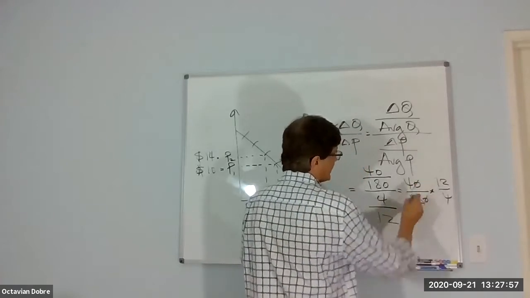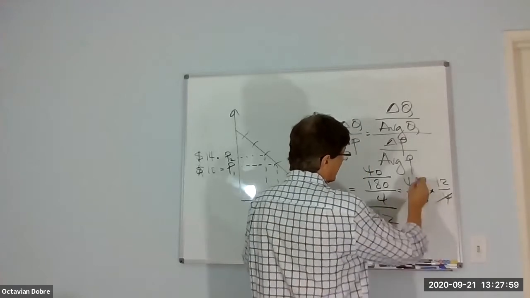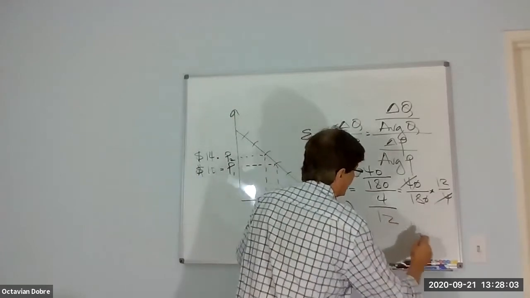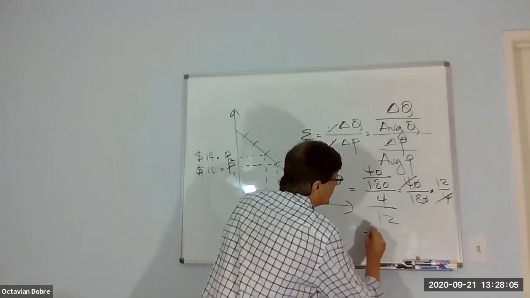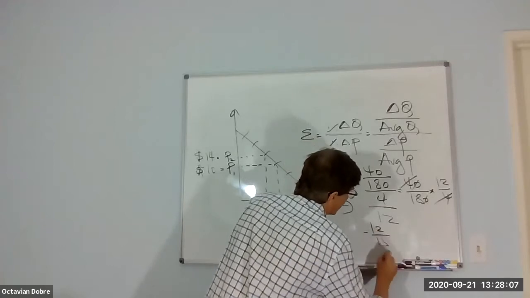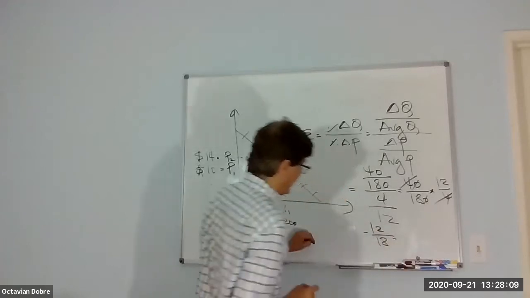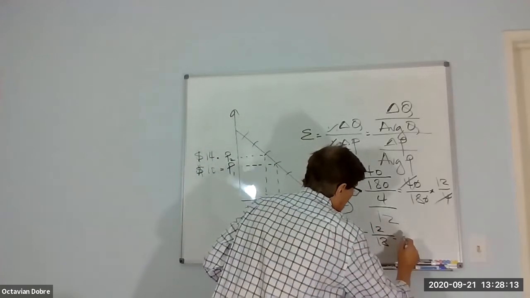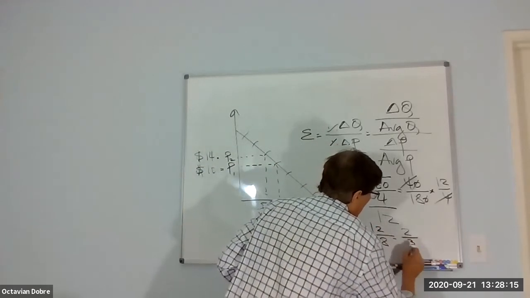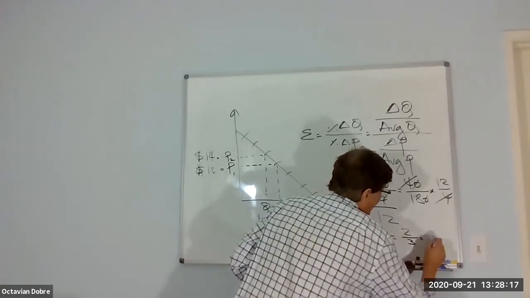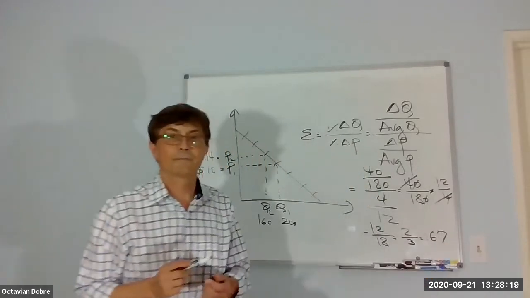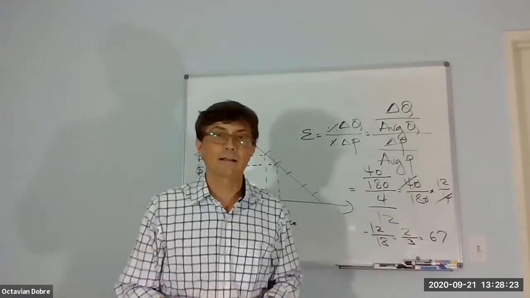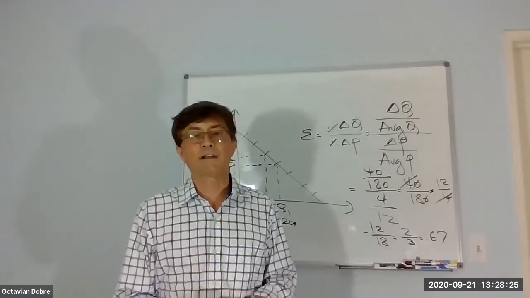So the zero with zero go away, 4 and 4 go away. It's 12, so it's equal to 12 divided by 18. And if we divide by 6, it's 2/3, or 0.67. So then we would say the elasticity is equal to 0.67.